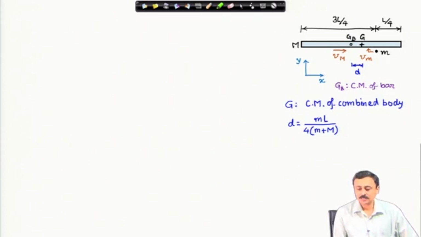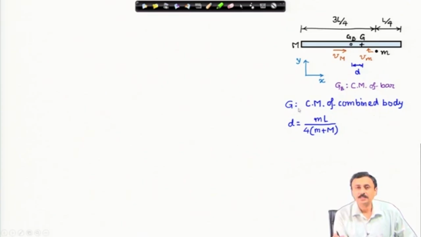This is the first task, and here I have done this. You notice that G sub capital B is the center of mass of the bar, which is midway, since the bar is uniform and slender. Therefore, G sub B is at the center of the bar. Capital G is the center of mass of the combined system, which is the bar and the particle.